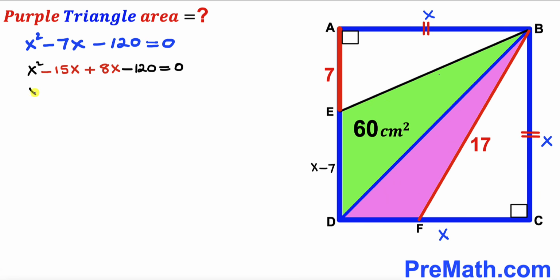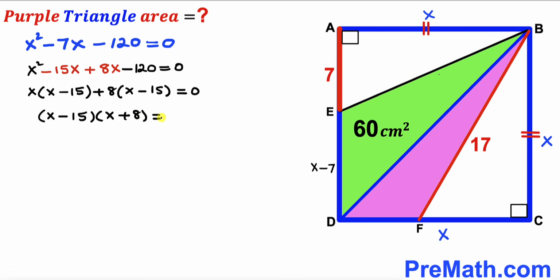So we can write x times x minus 15 plus 8 times x minus 15 equals 0. Here x minus 15 is common, so our factors are x minus 15 times x plus 8 equals 0.